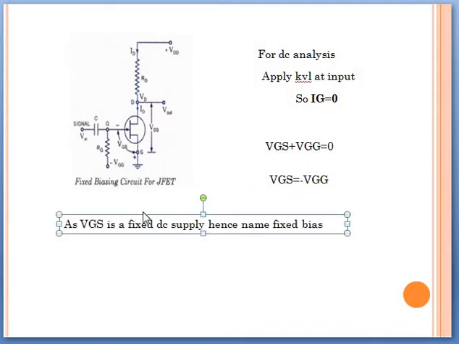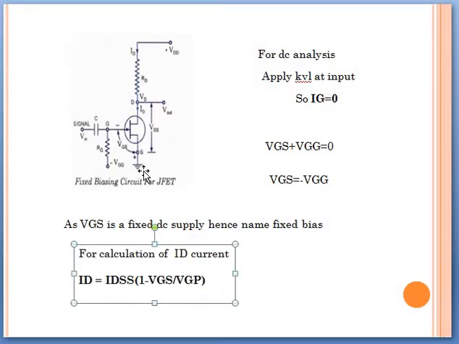As we know, VGS is a fixed DC voltage, hence the name fixed biasing circuit. For calculation of the ID current to plot the graph, ID is equal to this equation, where VGS is substituted with VGG.